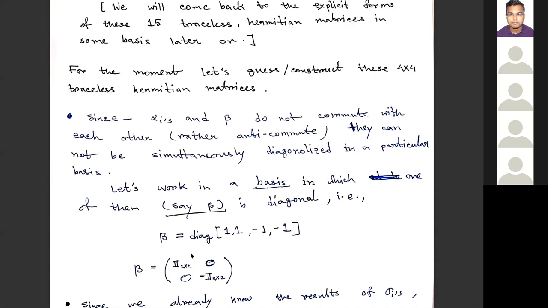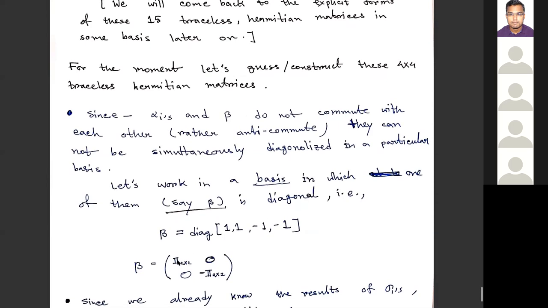In matrix form, beta is simply the 2 by 2 identity matrix, then 0, then another 0, then minus another 2 by 2 identity matrix. You can square this matrix and you will get identity, it is traceless, and it is Hermitian also, because the dagger of an identity matrix is again the identity matrix.